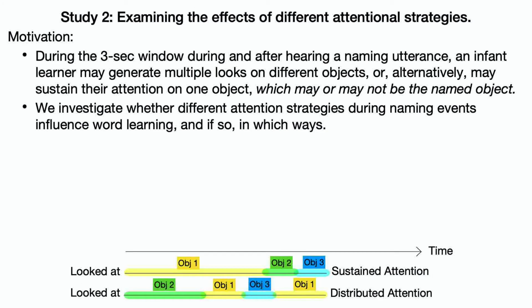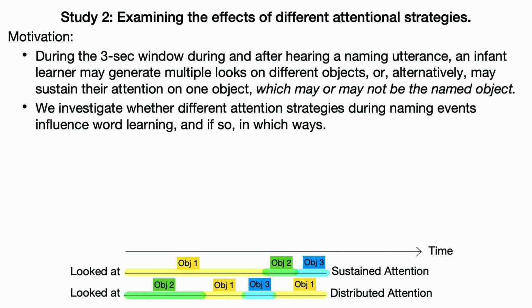Okay, let's move on to study 2. The motivation of this study comes from the fact that the 3-second window we chose contains the time during and also after hearing the naming event. Therefore, infants can look at multiple objects, or alternatively, they can continue looking at the same object.